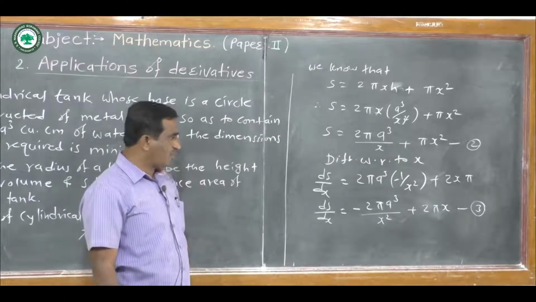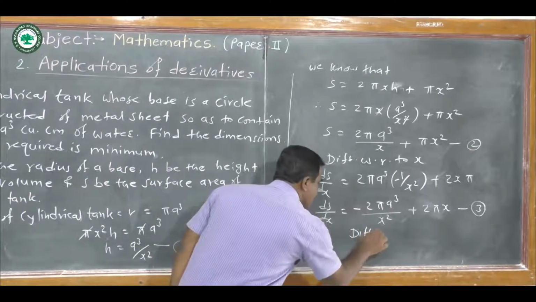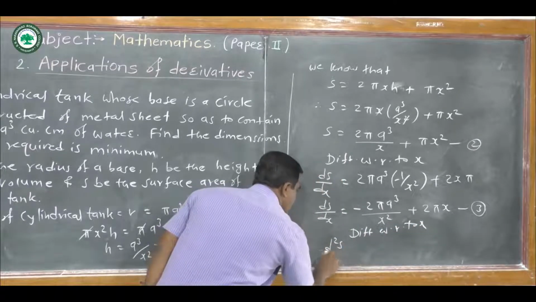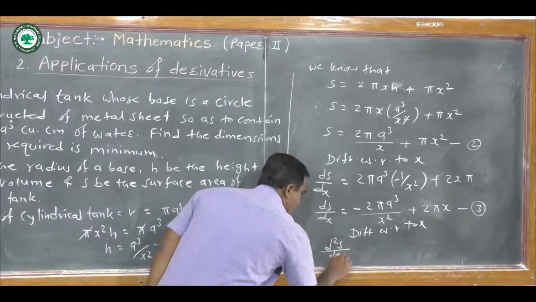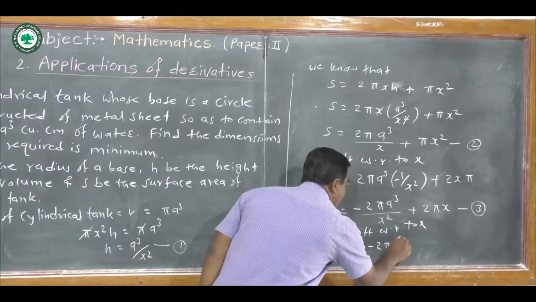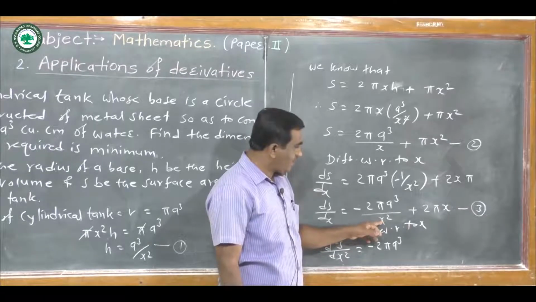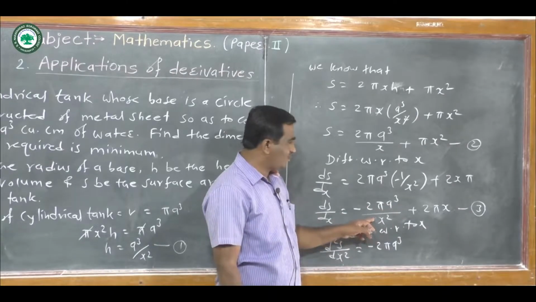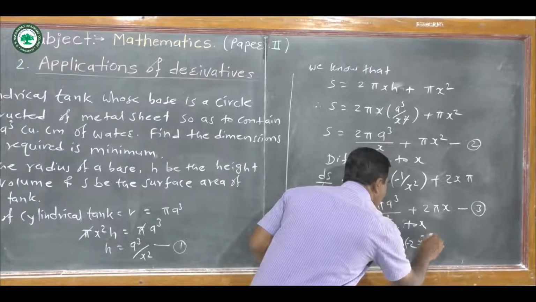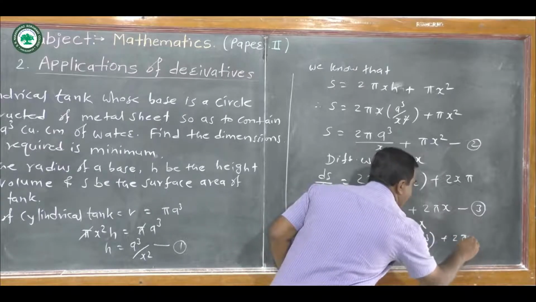I want the second derivative also. Differentiate this equation with respect to x again. The derivative of ds by dx, d square s upon dx square, is equal to minus 2 pi a cube. Now the derivative of 1 upon x square: take x square to the numerator, we get x raised to minus 2. The derivative of x raised to minus 2 is minus 2 into x raised to minus 3, plus the derivative of 2 pi x is 2 pi.